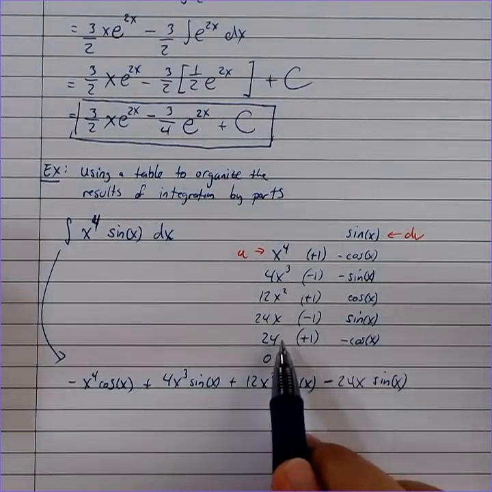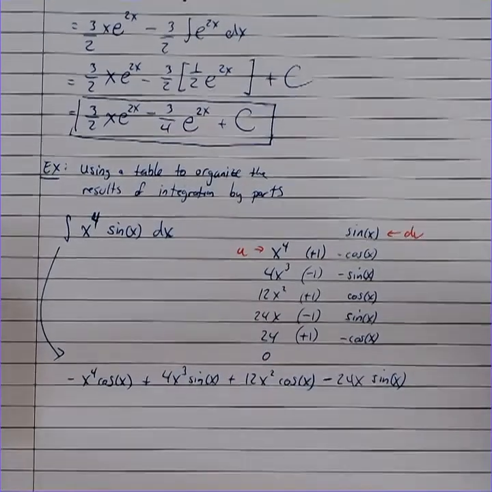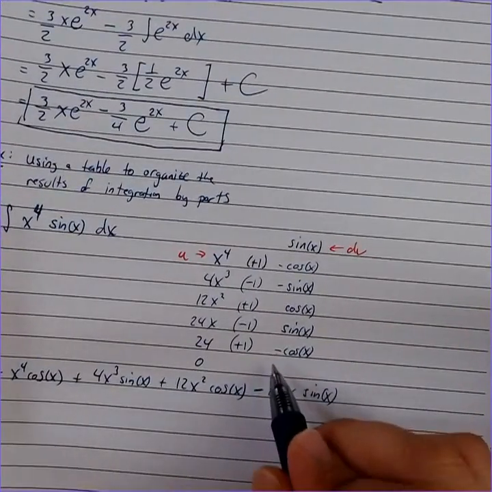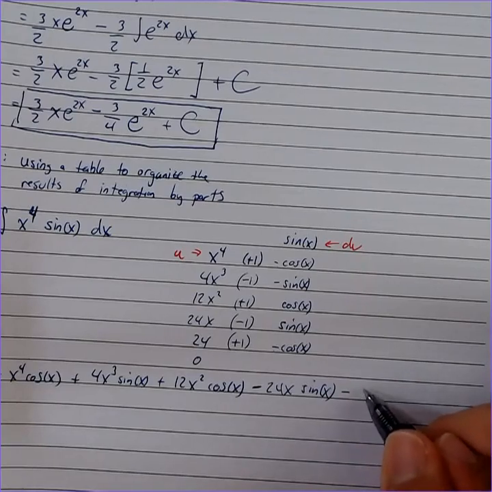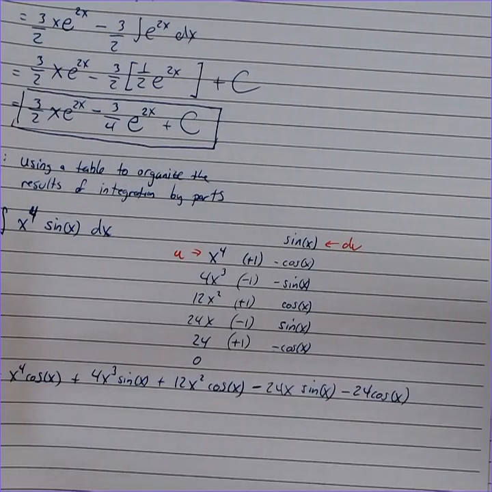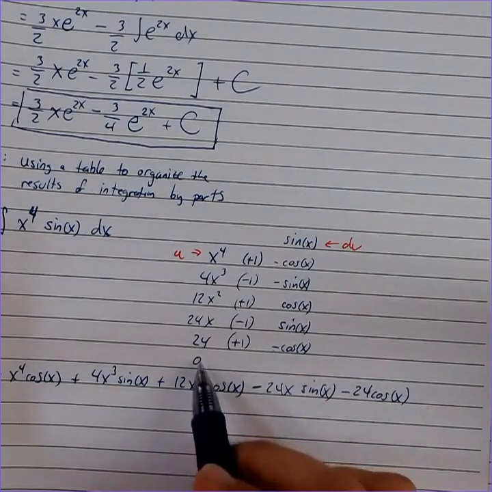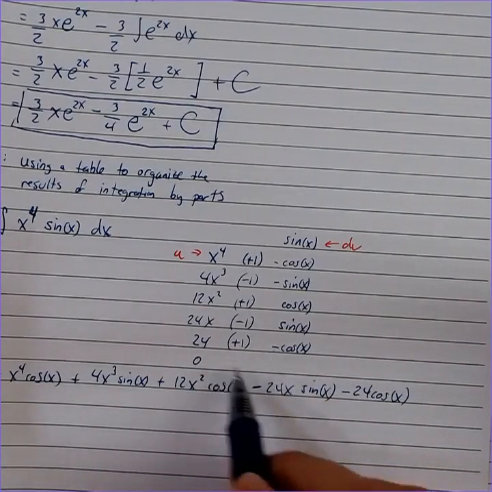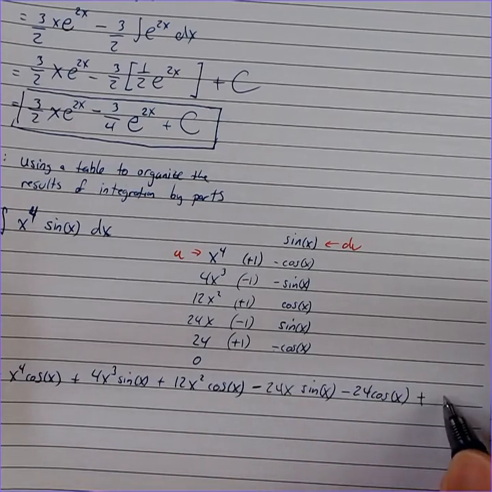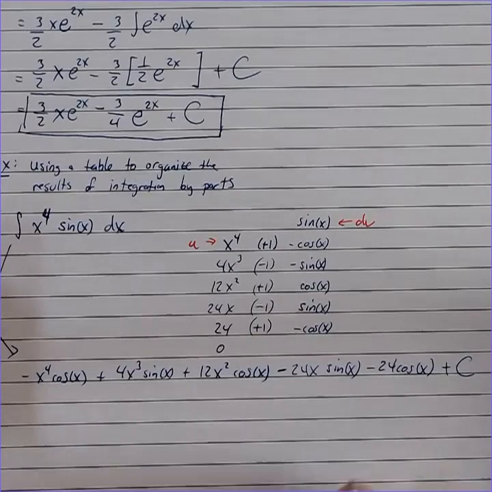That's going to be minus 24 cosine of x. So I'm adding a negative, so let me just write that as a minus. Minus 24 cosine of x. And we're done. Here, anything times 0 is 0, so you have no more terms left. But don't forget your constant of integration. And that's our result.